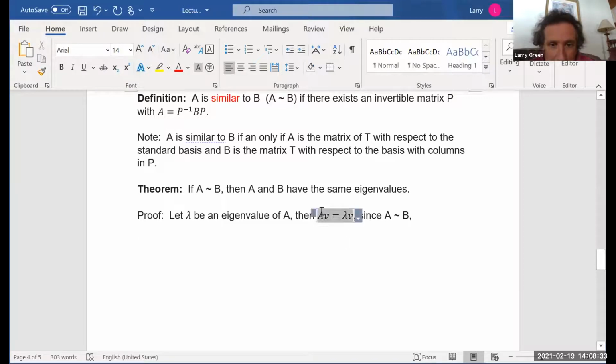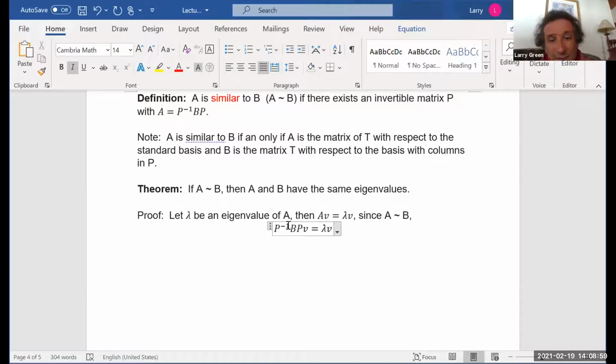I'm just going to copy and paste and replace our A. Any questions on this so far? So A is now P inverse BP.